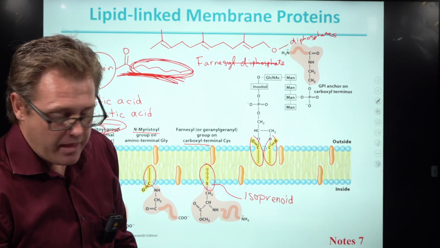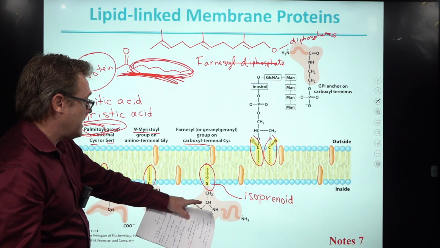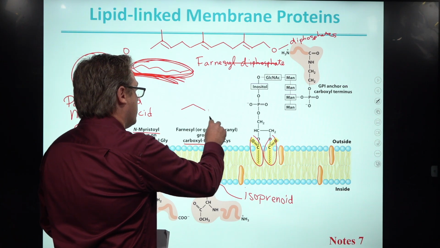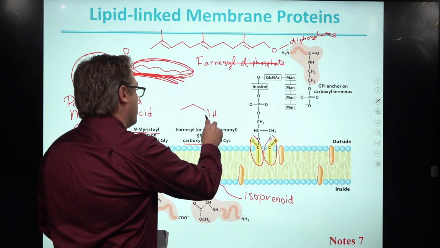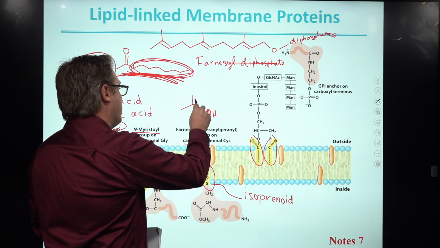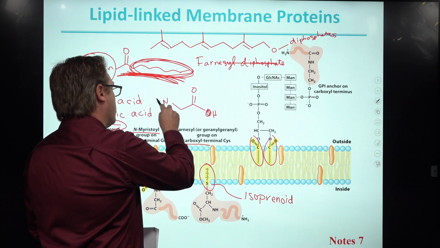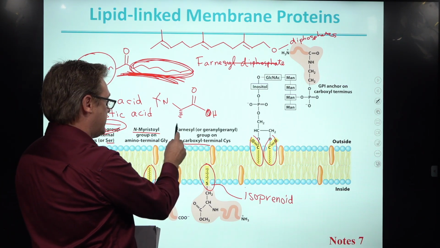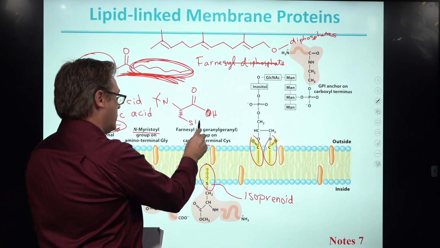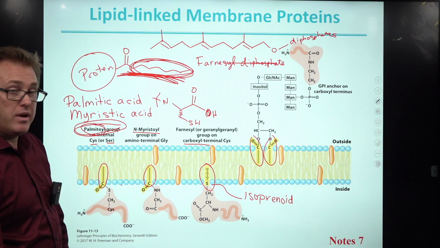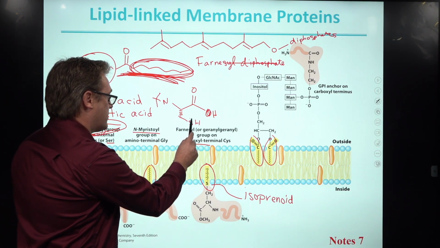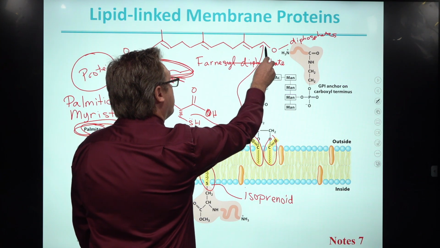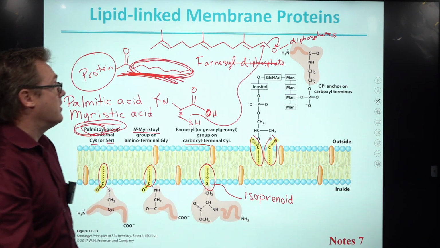And what's going to happen is that at the C-terminus of a protein, there's our C-terminus right here, we are going to have what? A cysteine. So there's our cysteine. Now that sulfur atom right there is simply going to come in and form a bond with that group right there.